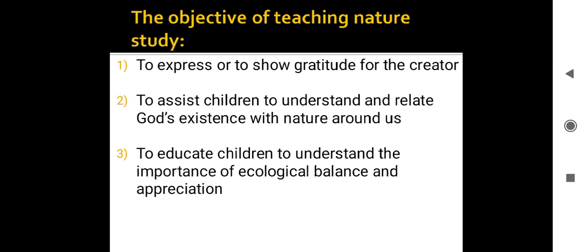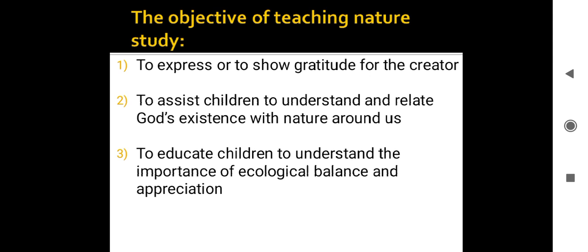Allah provides the food for the survival of those animals. So it means the animal must have a creator, which is Allah, who provides all the needs, provides food, provides air to ensure that animals stay alive. Okay, so point number two, the objective is to make sure children understand Allah exists.